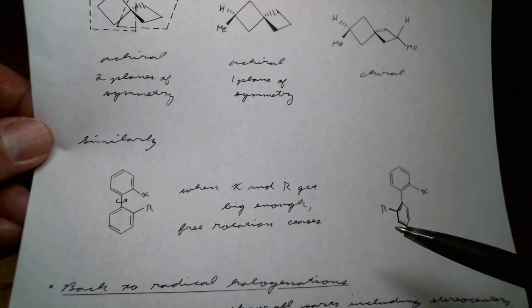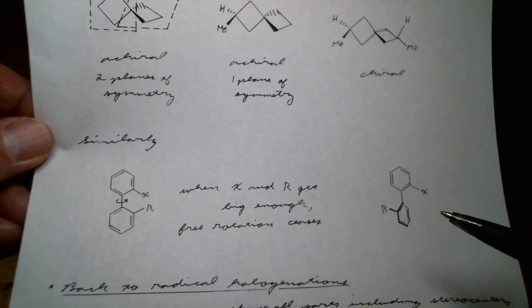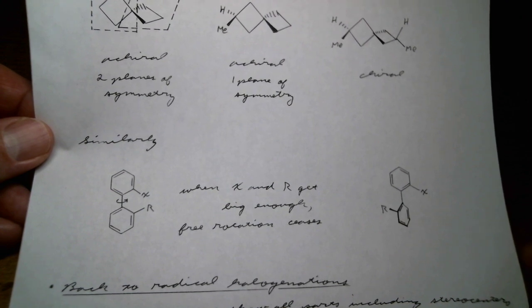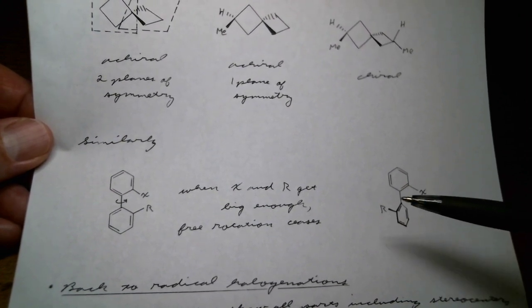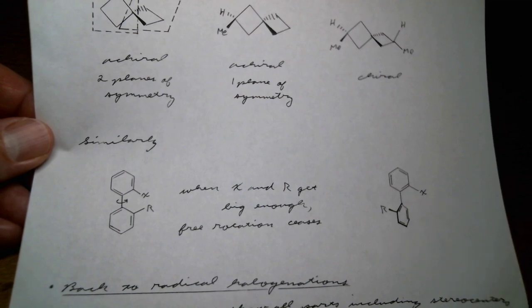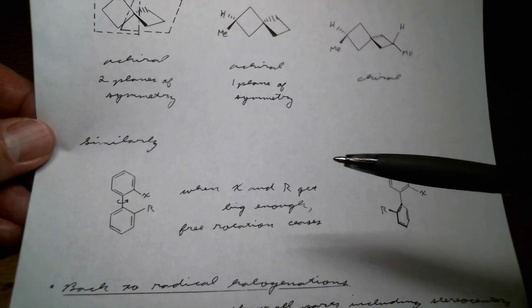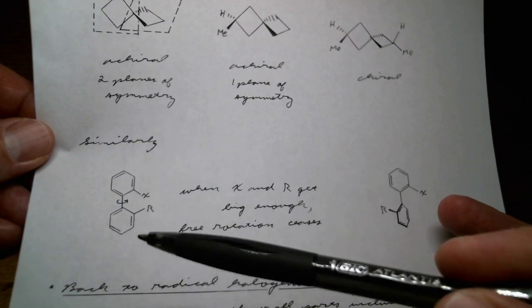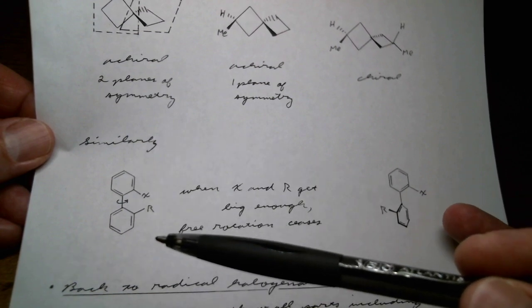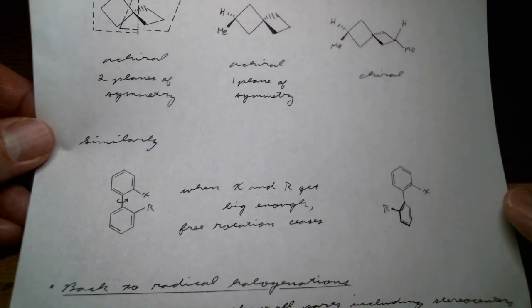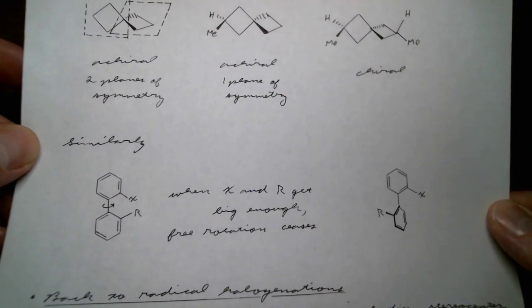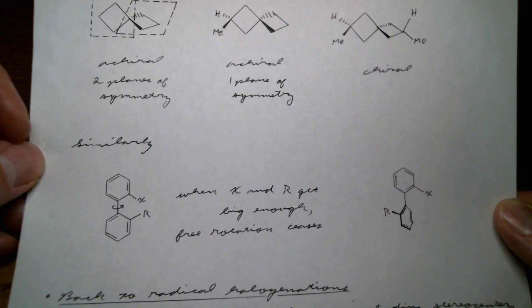So you might be stuck on one side or the other, and those would be non-superimposable mirror images. Sometimes you can even racemize these depending on how much you heat the molecule. These are typically employed in chiral catalysts as ligands, and they impose a chiral environment around the catalytic center and allow it to give you stereospecific outcomes.